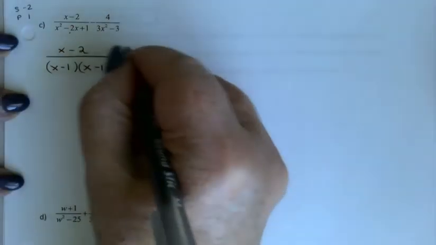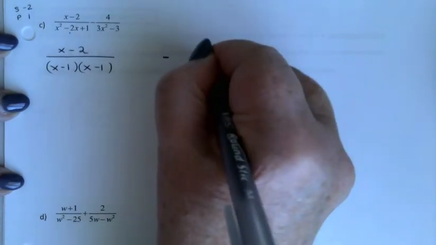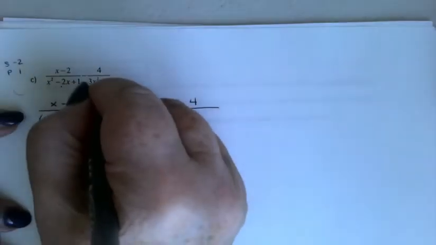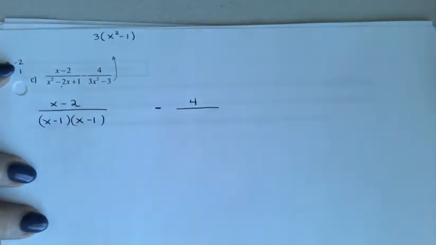And again, I'm going to leave a little space in here to create my common denominator. Minus 4 over, and this one, the 3x squared minus 3, you could definitely factor out a 3, which gives you x squared minus 1.